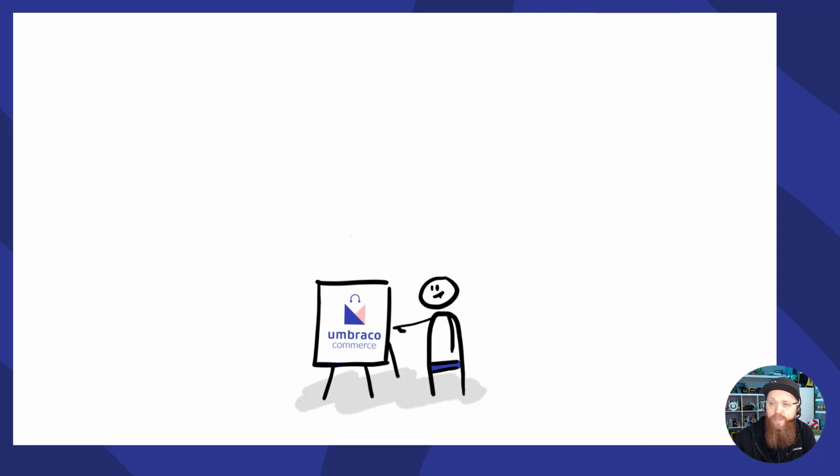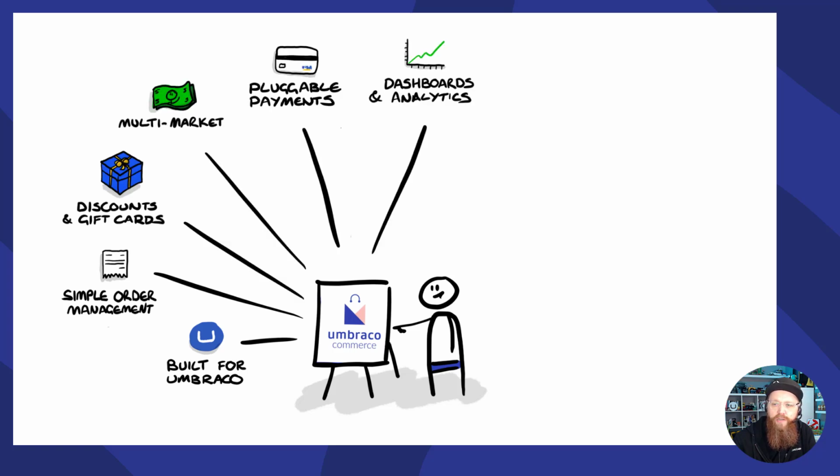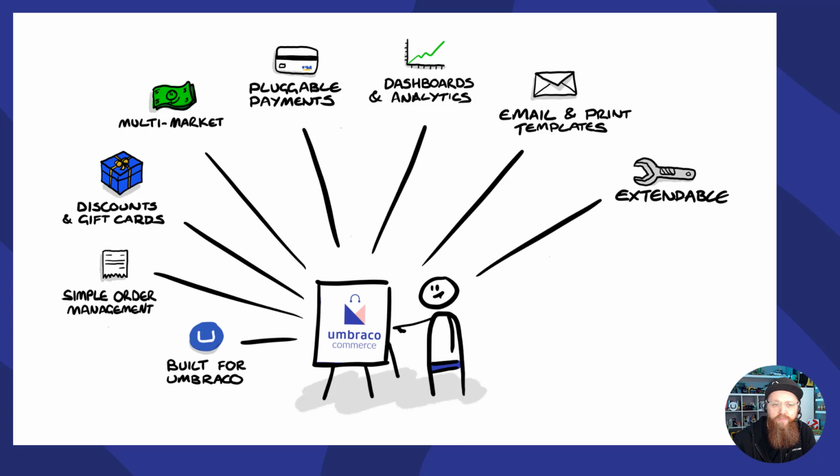And if you didn't know, yes, Umbraco has a commerce package now. These are just some of the features that Umbraco Commerce offers. So whether that's a really nice editor experience, a great simple order management interface, we support multiple different markets, discounts, gift cards, things like that.